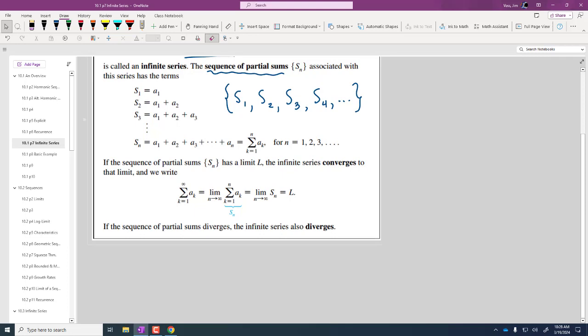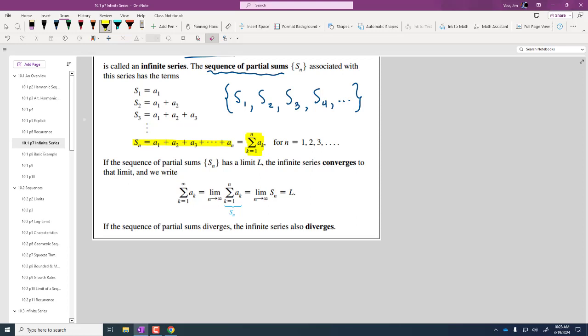So S sub n, the nth partial sum, is the sum of the first n terms. That's what S sub n means: add up all the way through a sub n. And here is the shorthand notation using capital sigma, S for sum.